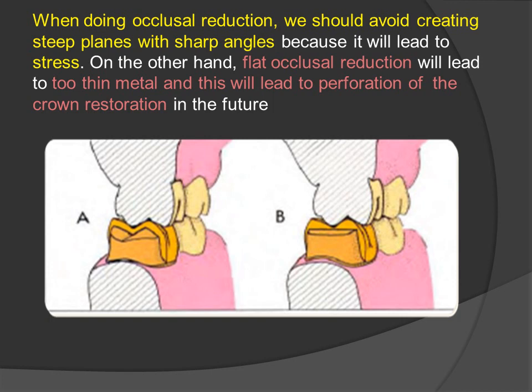And I also interfere with the second principle, which is retention and resistance, because I will lower the entire occlusal surface, so I will shorten the axial walls of the prepared tooth, and I will reduce the retention and resistance.